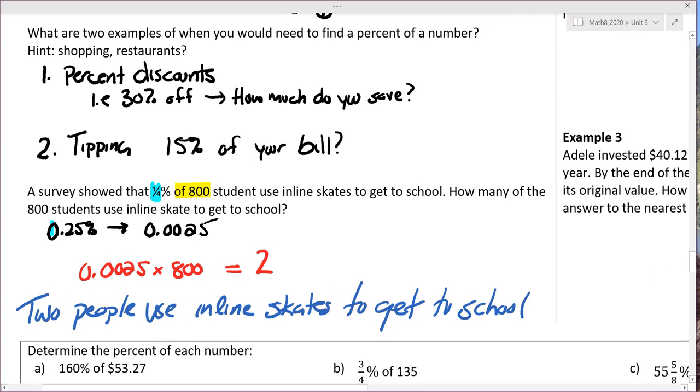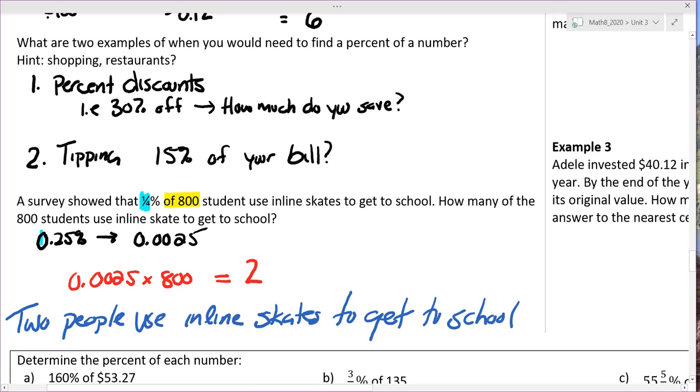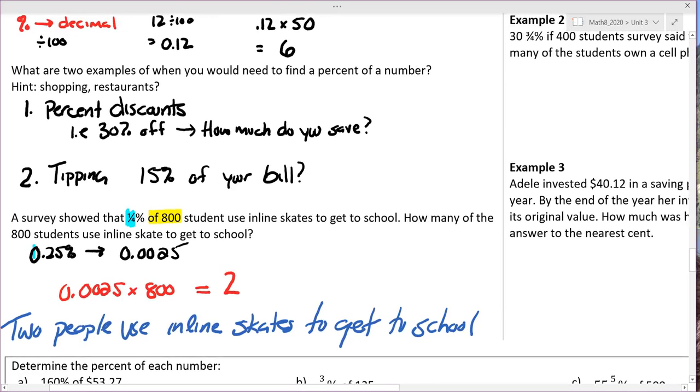Wait, so that means 2 people? 2 students. That's 25% of a school. No, 0.25%. Not 25%, 0.25%. Okay, never mind.